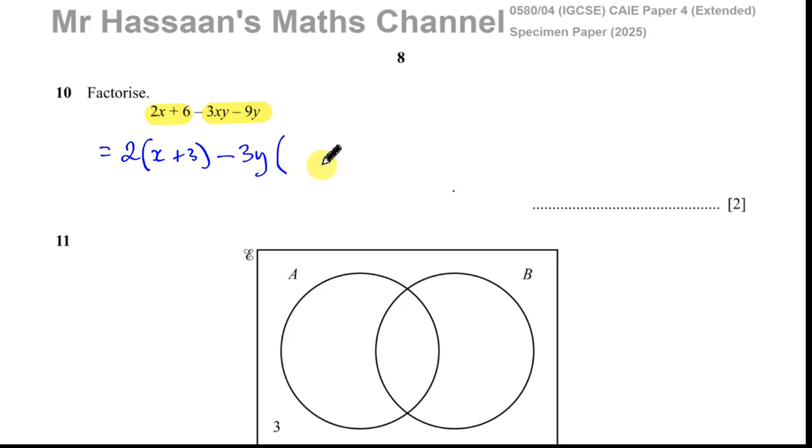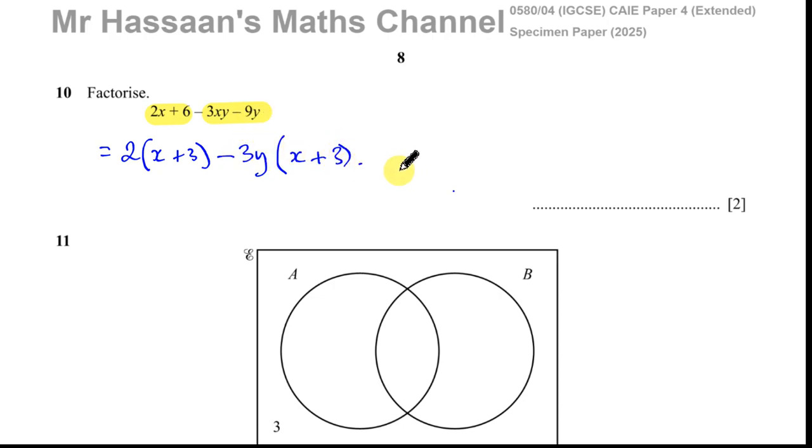And what you're going to write inside the bracket, well, 3y times something gives us 3xy, and there must be an x there. And negative 3y times something gives us negative 3xy, must be an x. And negative 3 times something gives us negative 9y, so it must be plus, because minus times plus is negative, and it must be a 3 here.